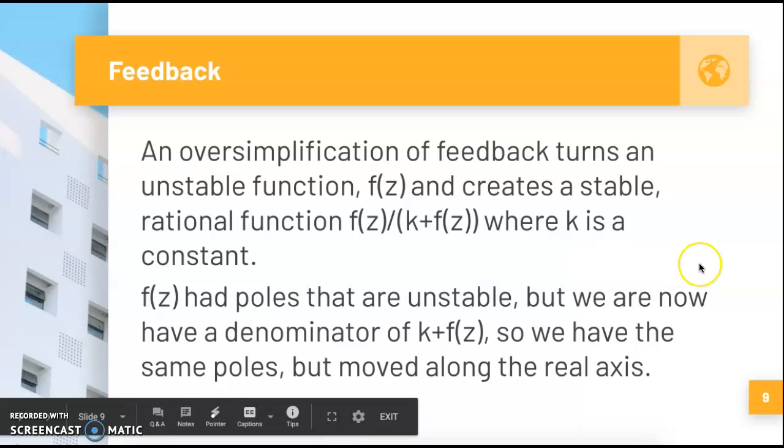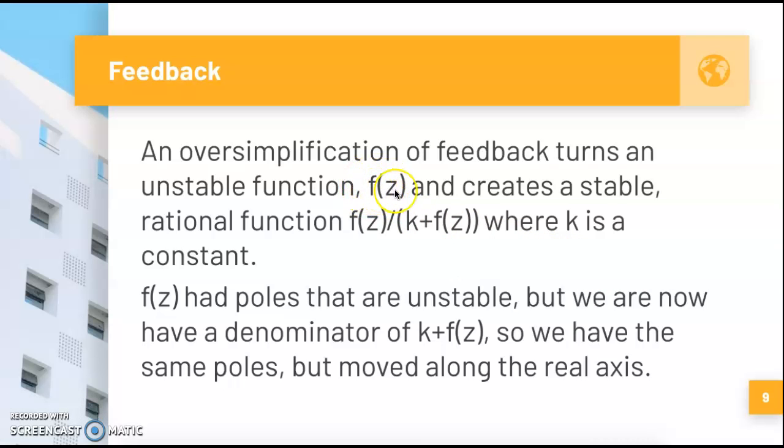A little bit more about feedback. So this would be an oversimplification, but if we had some function f of z that was unstable, it had a pole in the Nyquist contour, then we could provide feedback, which simplified would create this rational function f of z over k plus f of z, where k is some constant.